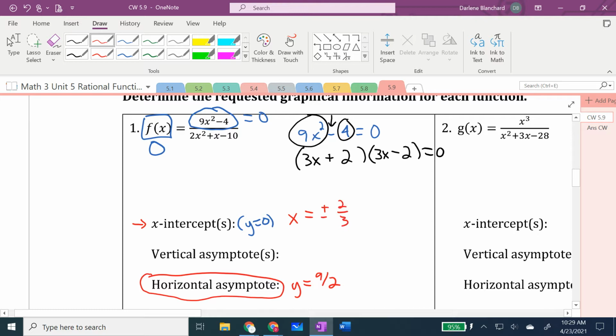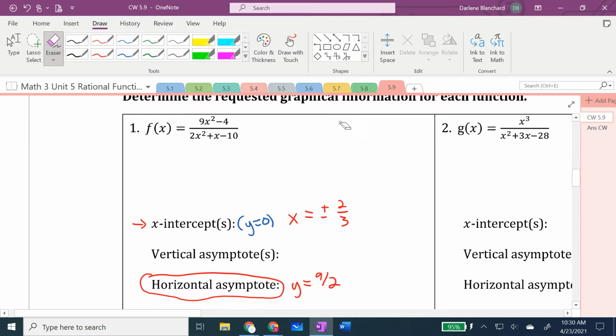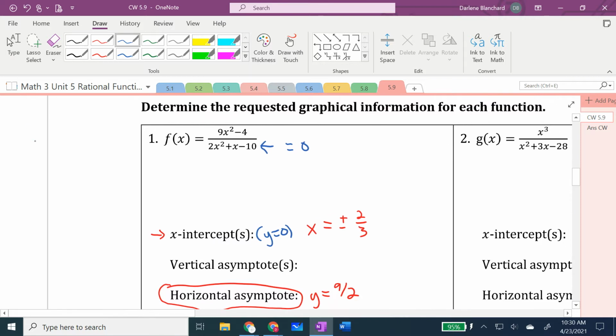For the vertical asymptotes, that's what makes your denominator 0. And with this, your options are factor or quadratic formula. If I go about factoring it, let me actually go through a slower factoring process this time.